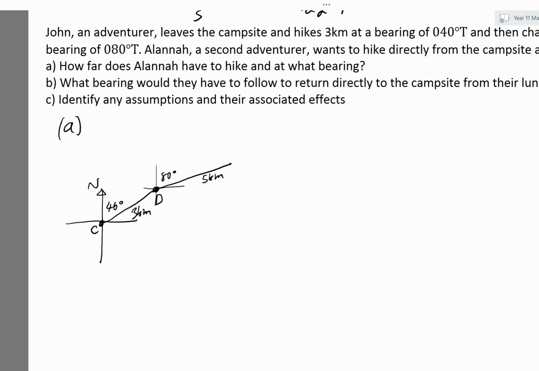So the question is, how far does Alana have to walk? John is here. How far does she have to walk if she just wants to go in a direct straight line to see her friend John for lunch? That triangle that I've drawn here, no trig is going to help me there because it's a non-right angle triangle. So I'll erase this.